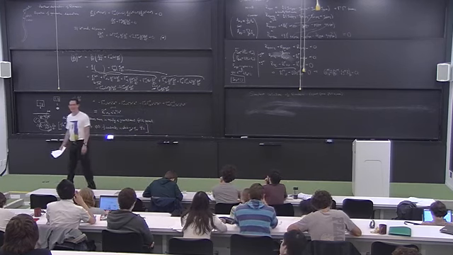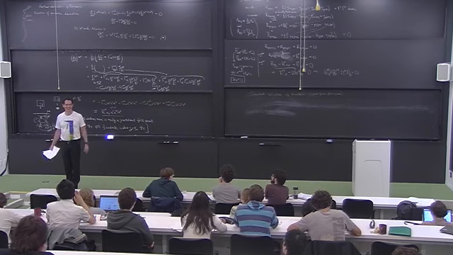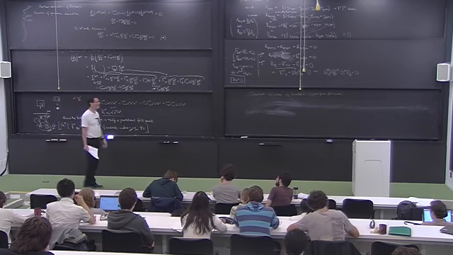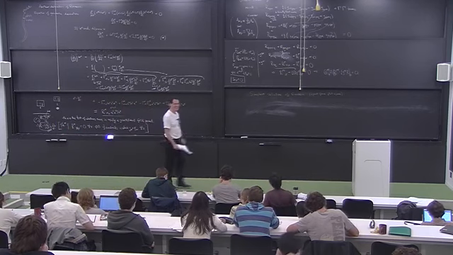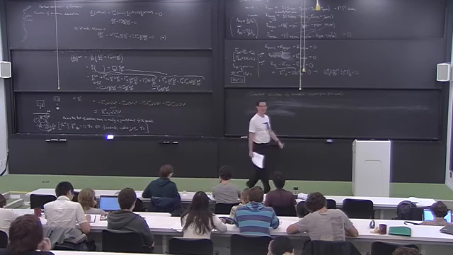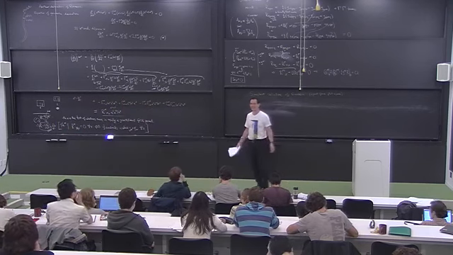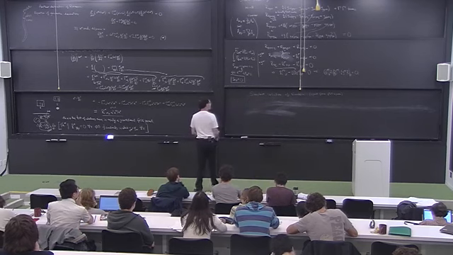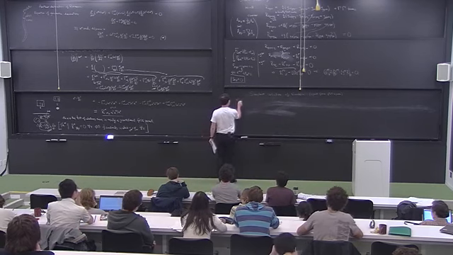And you can't blame him for wanting to focus his attention somewhere else. And so he focused his attention on these equations. He said, let me try and find the simplest solution I can to these equations. And that is the Schwarzschild solution.